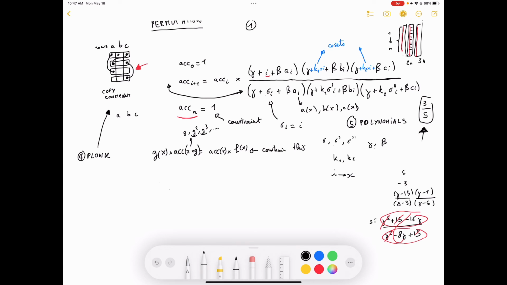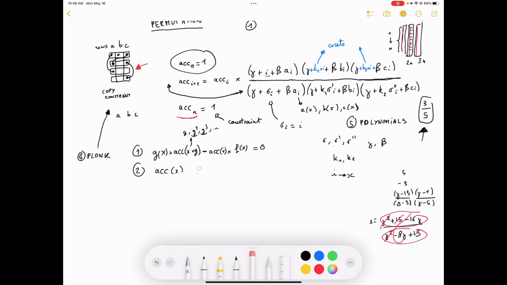Okay, and so basically the constraint is gonna be not that they're equal, but that the subtraction equals 0. That's how you constrain things. And you're also gonna say that the accumulator of x equals 1. That's the second constraint: the accumulator of x equals 1 for the initial value.